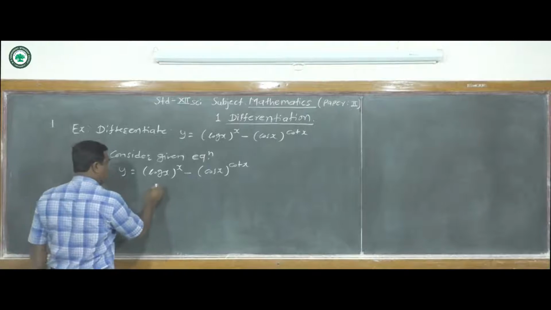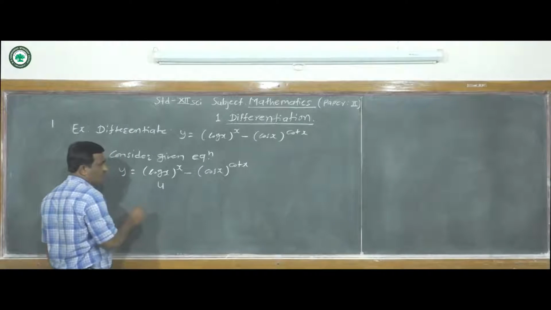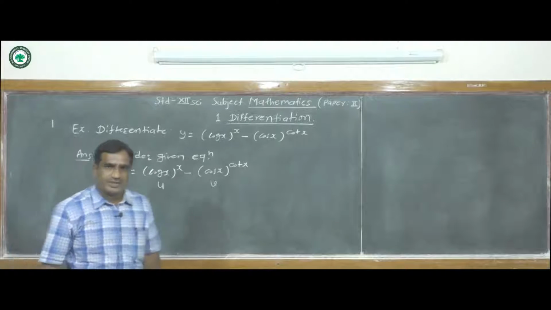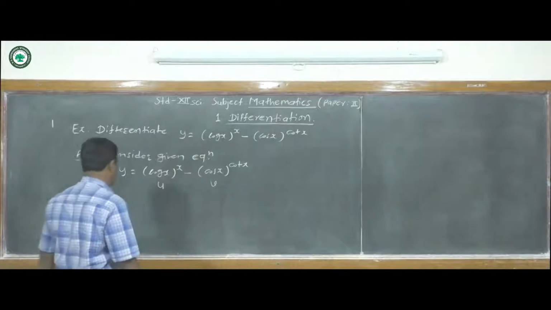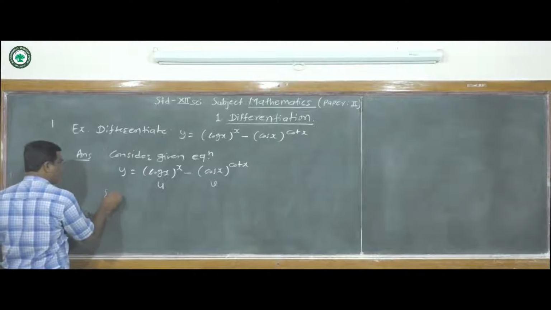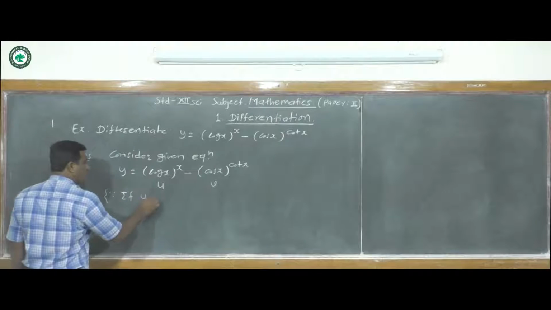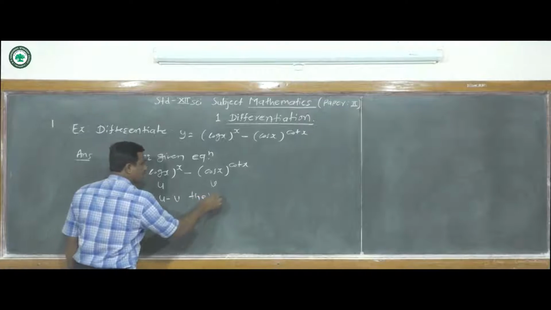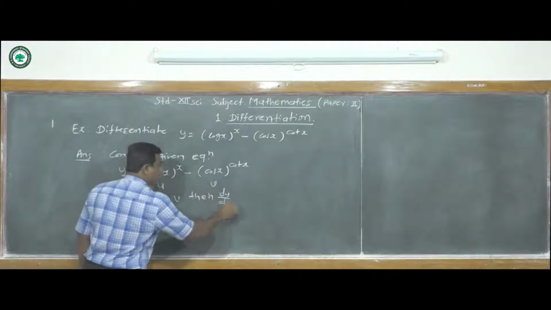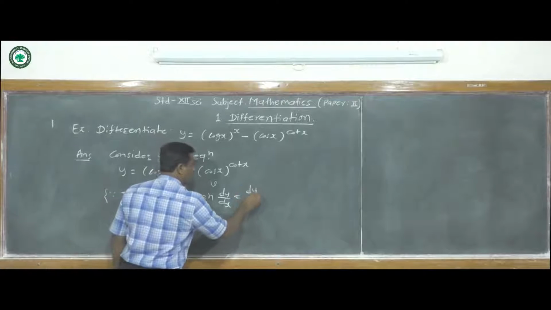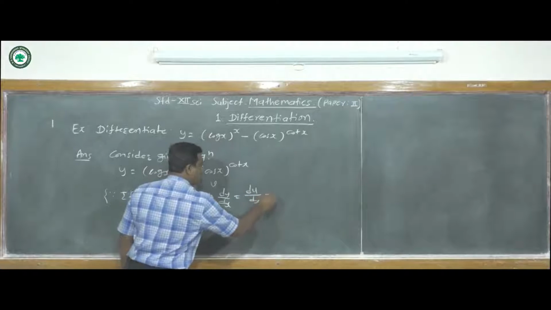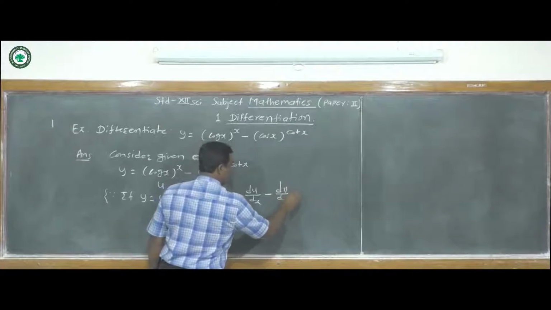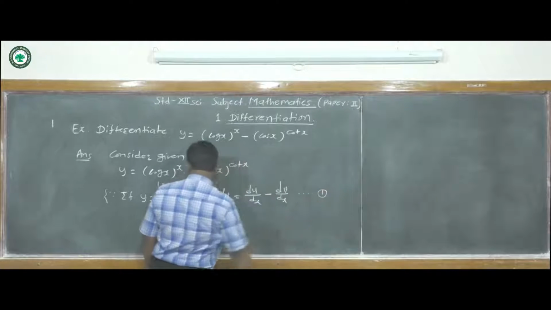Therefore we suppose this first function is u and this second function is v, and we use the subtraction rule: if y is equal to u minus v, then dy by dx is equal to du by dx minus dv by dx. So this is equation number first.